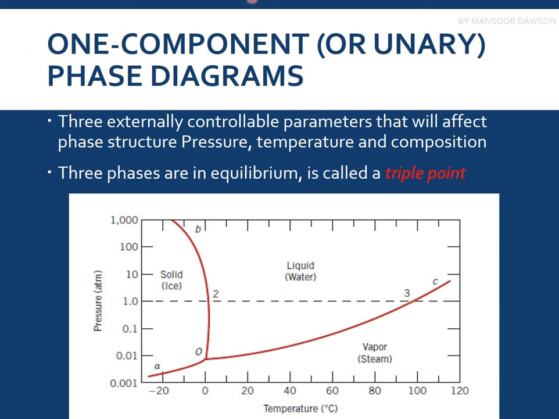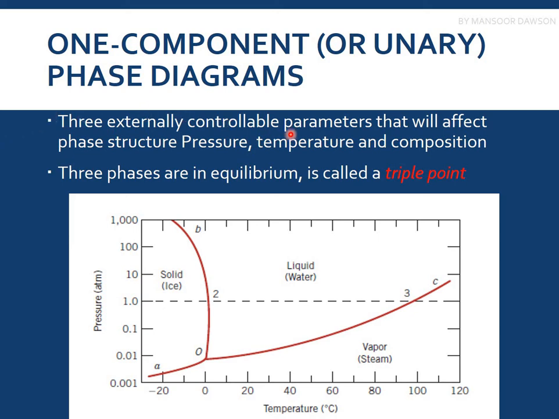Now we have a one component, or unary, phase diagram, in which we only have water, so we are not taking composition. We are taking two variables, pressure and temperature.